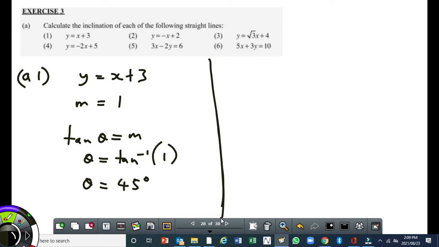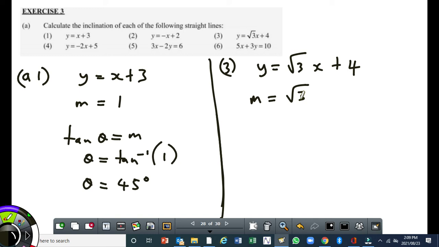Number 6, the equation is not in the form y equal to mx plus c. Right? So let me start with number 3. Number 3, we have y equal to square root of 3 times x plus 4. Right? So this means that the gradient is going to be square root of 3. For you to find the angle of inclination, you need to know the value of the gradient.